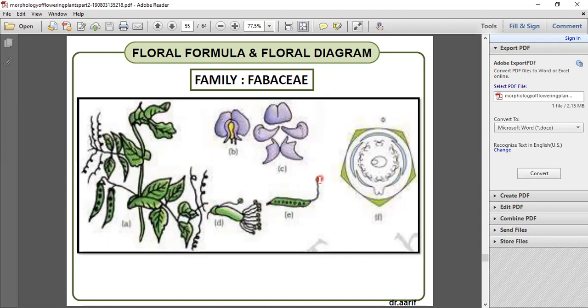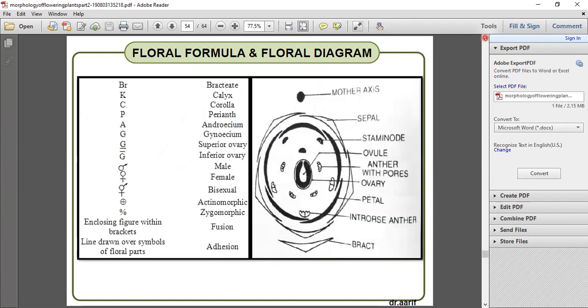This is the gynoecium, this is the androecium. Now you try and find out. Tell me, what should be the full floral formula? Do you want me to go back to the last page so that you can see the symbols? Let me see who can do it faster. Will you be able to deduce the floral formula, beta?